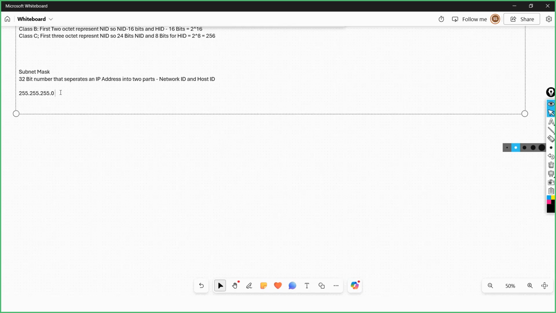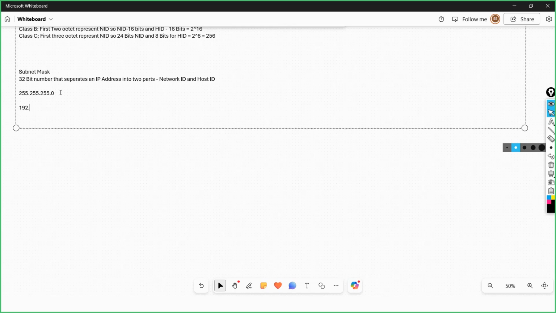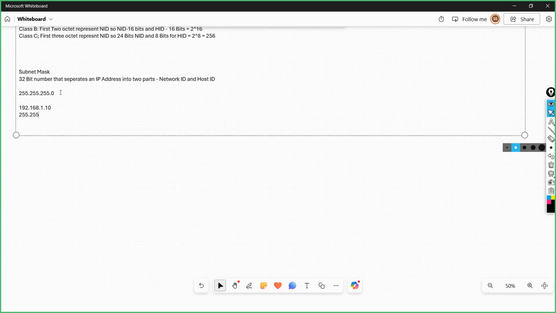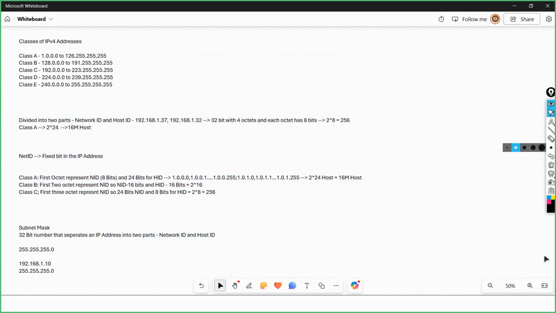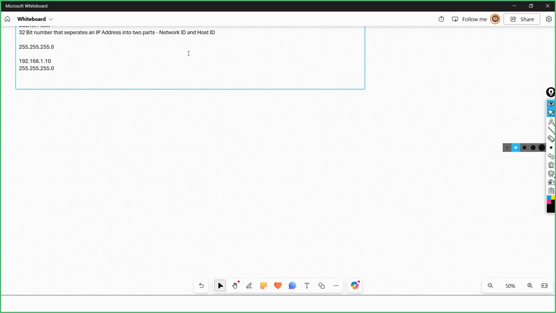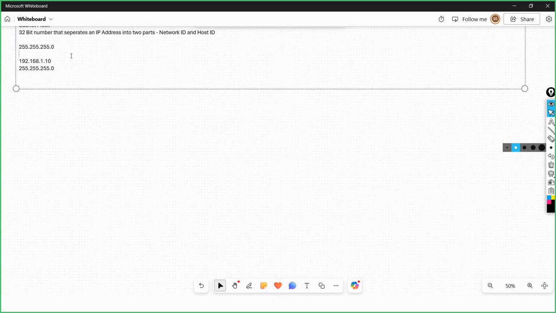Now, if I am writing the IP address 192.168.1.10 with subnet mask 255.255.255.0, you know that an IP address is a combination of zeros and ones. It is a binary number, right? So if you want to represent 192.168.1.0, how will you write it?